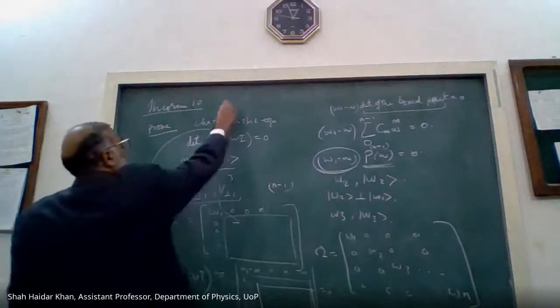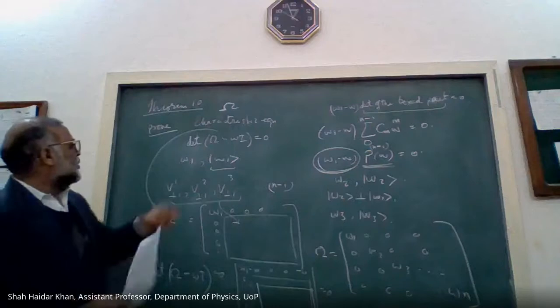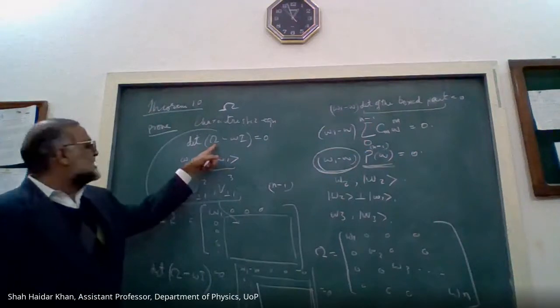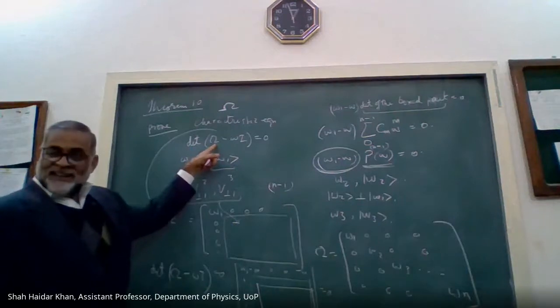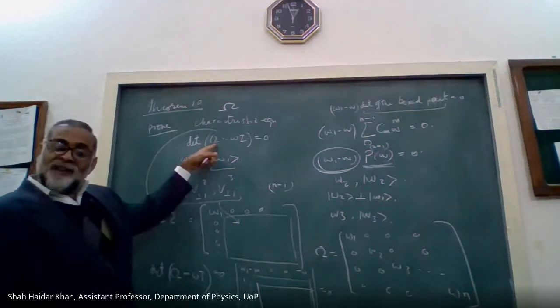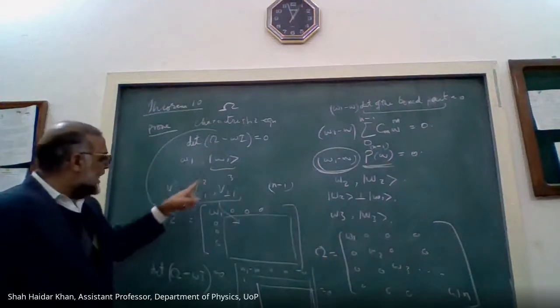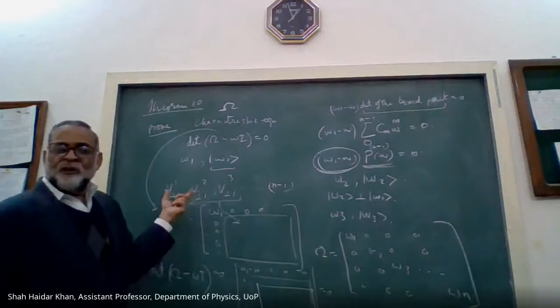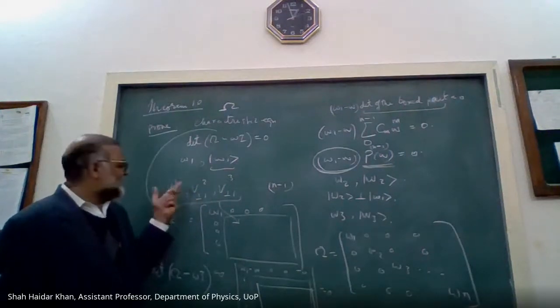I suppose we have an operator omega, right? There exists at least one basis which consists of the eigenvectors. Now we show that these are all, we can write them as the eigenvectors.